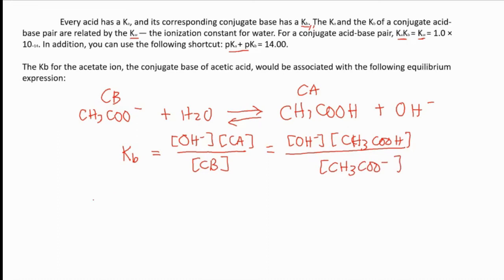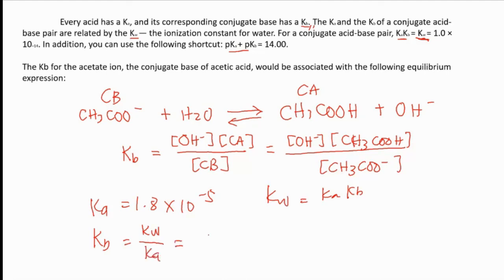We have the Ka of acetic acid, which is 1.8 times 10 raised to negative 5. What is the value of the Kb of the acetate ion? We use Kw, which is equal to Ka times Kb. So Kb is equal to Kw divided by Ka.